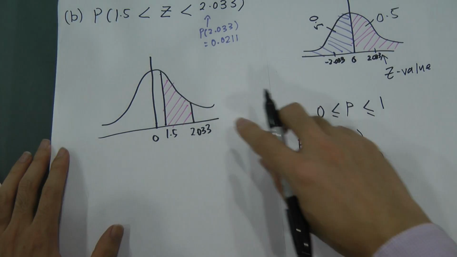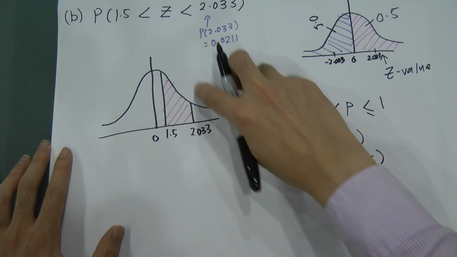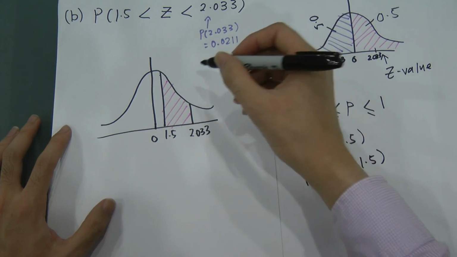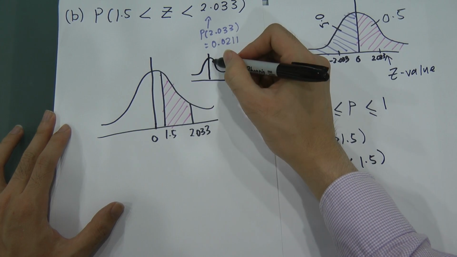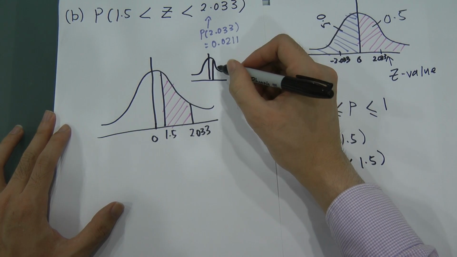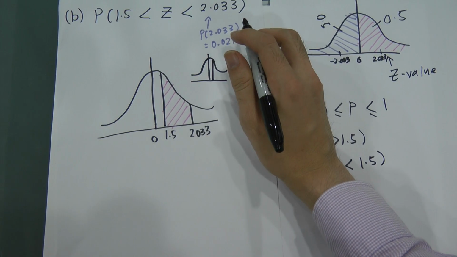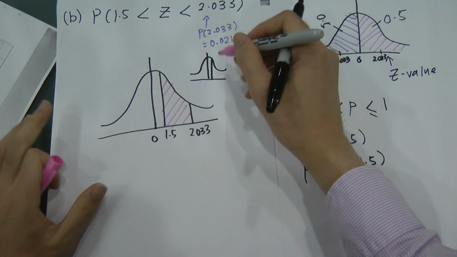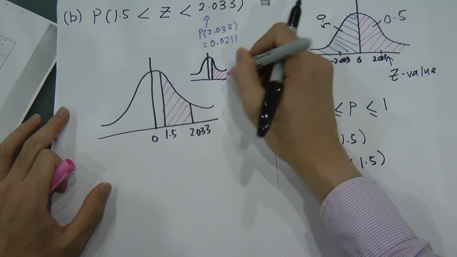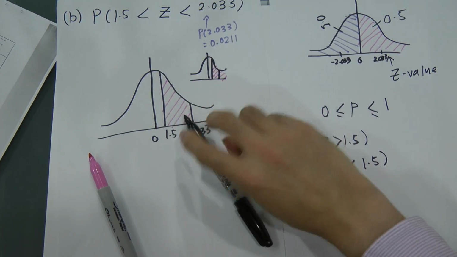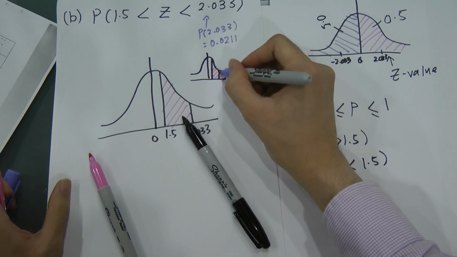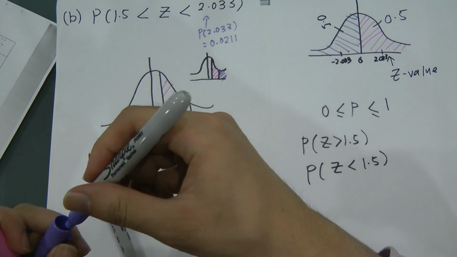So in order to get this area, I have to use the biggest one. Let's say this is 1.5. It means I use the whole area minus the small area here. What is the meaning?